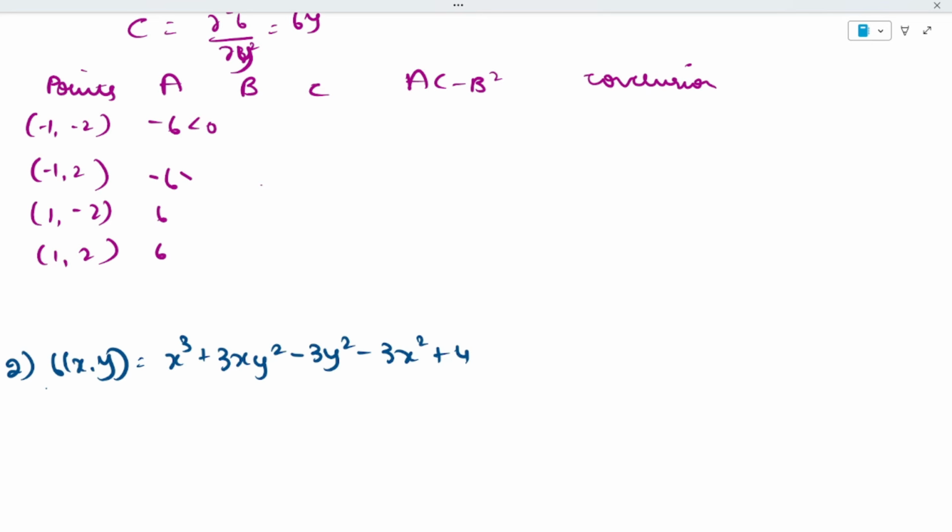It is less than 0, less than 0, again less than 0, greater than 0, greater than 0.